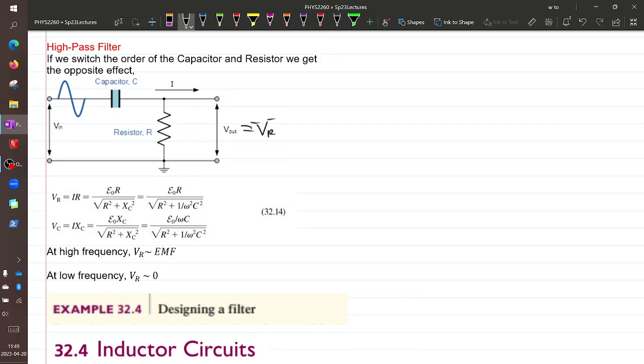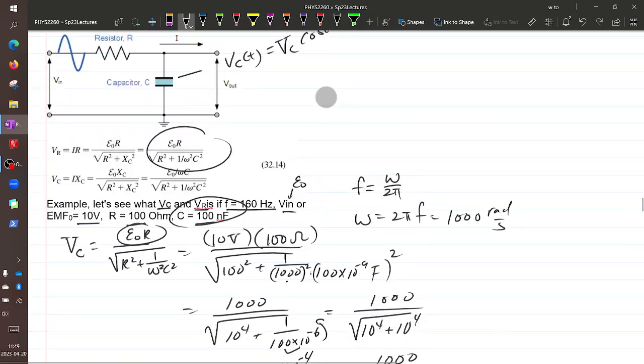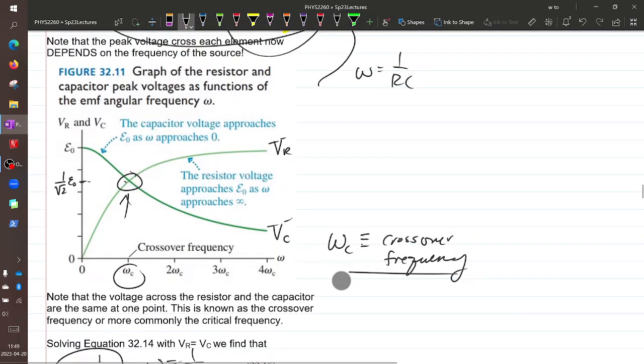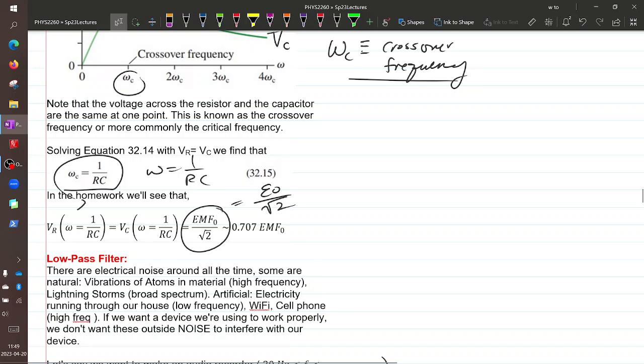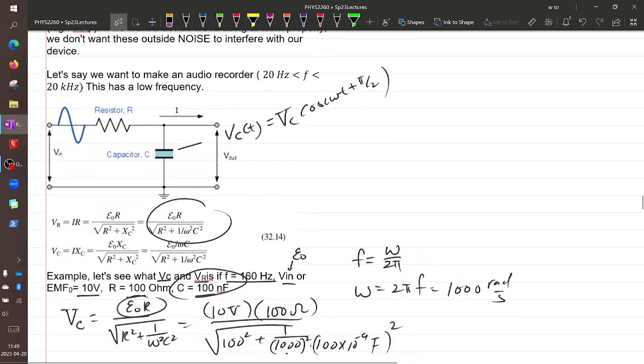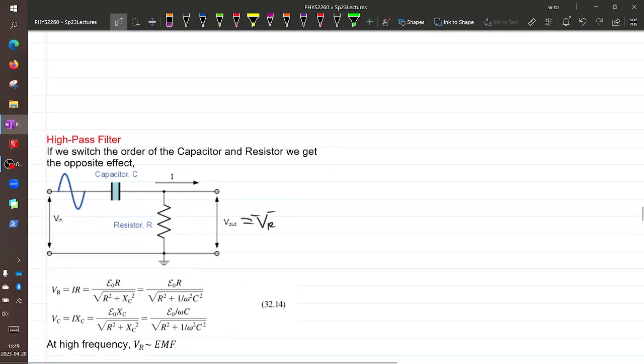As we look at this diagram once again, when we're at high frequency, the resistor voltage is the one that has a big amplitude. So you're picking up the resistor value if you want the high frequency signal to pass. This is known as a high pass filter, and it's what it sounds like: if you have a high frequency signal, it'll allow it to pass through.